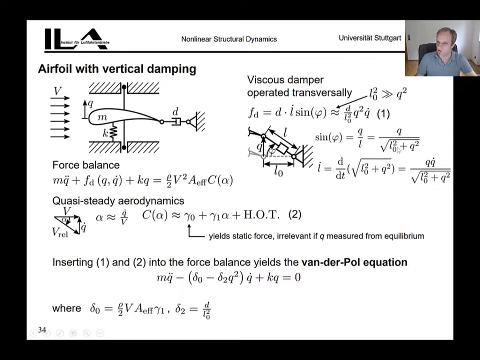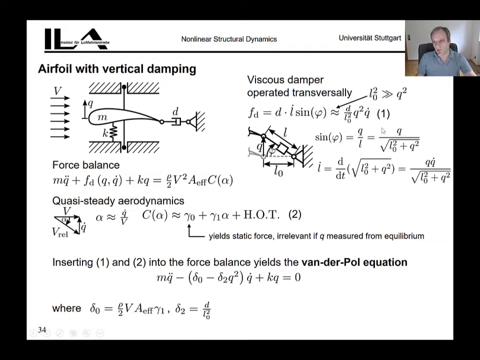So in the denominator we have L0 squared plus q squared. Now, this is q dot, and this is q. Let's assume q is much smaller than L0, then we can simplify this denominator to L0 squared, ignoring the plus q squared. Then we get this term.